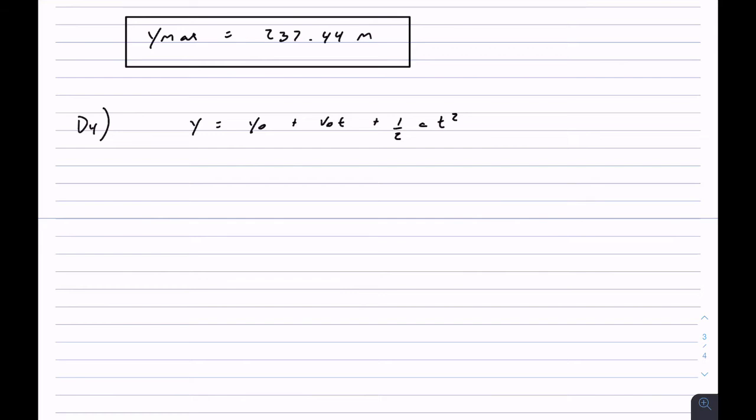If we simply set, let's say that y is going to be 0 because we've defined our axis to where the ground is 0 meters, right? So then we're starting 237.44 meters up. Okay, V naught is 0, so that can just go away. We're good with that. Negative 9.81 meters per second squared times time squared.